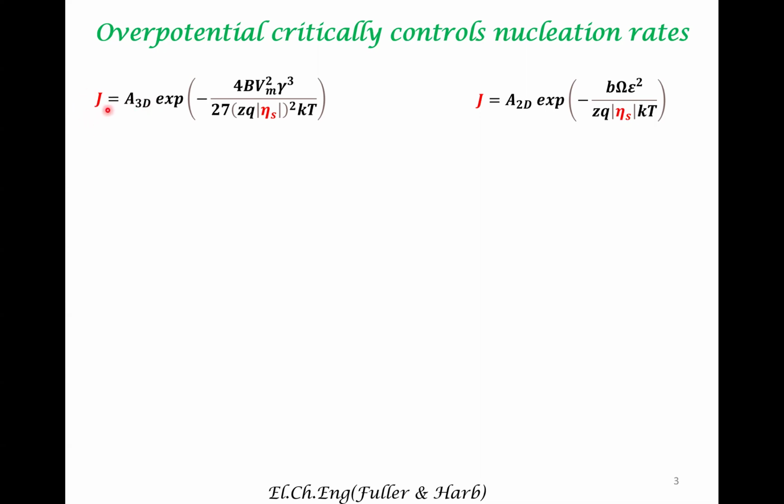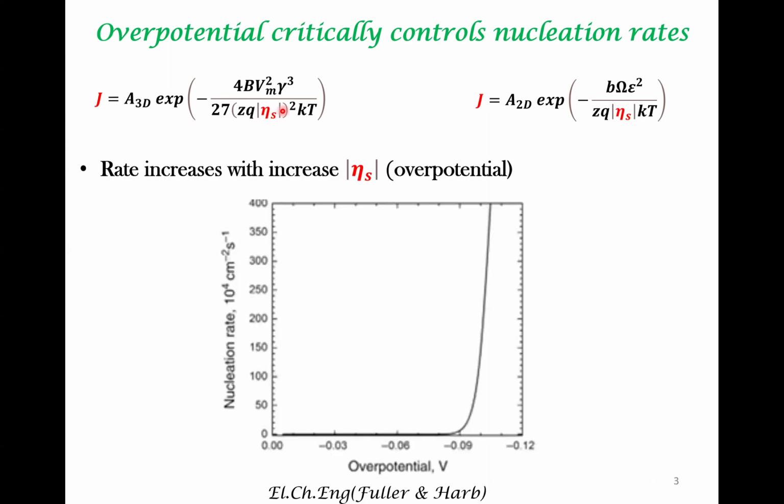We are trying to understand how J depends upon the overpotential. If you do some experiments, what we see is that the rate of nucleation increases significantly at a particular overpotential. We call this the critical overpotential. This is the overpotential beyond which the nucleation rate increases dramatically.